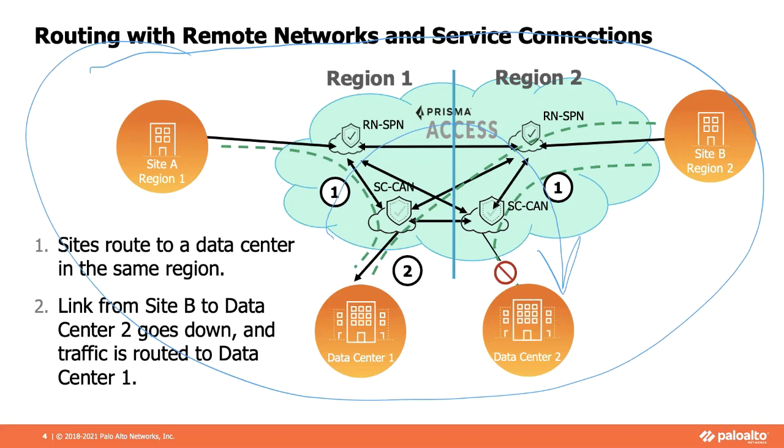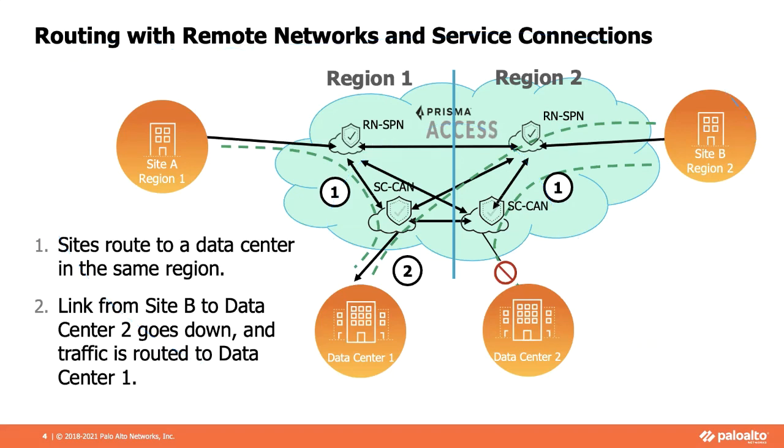So let's say we have a user in a branch office, a storefront, whatever it might be, within a remote network, a client that needs to reach, say, an Active Directory server in a data center. If there's a primary and a backup, and the primary fails, we can go to a backup.